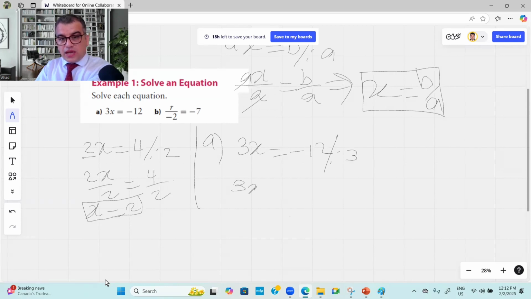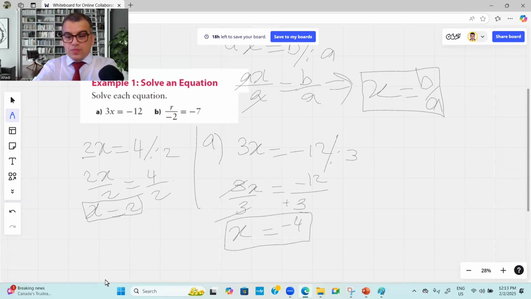We can write 3x by 3 is equal to minus 12 by 3. From here, we can cancel this 3 by 3, and on the left side we get x. On the right side, negative divided by positive will be negative, and 12 divided by 3 is 4. So the solution of this equation is minus 4.